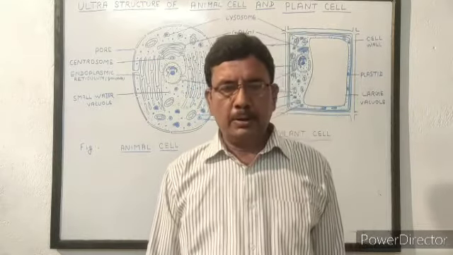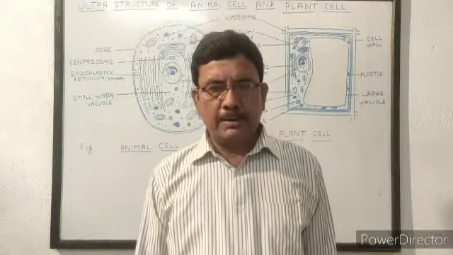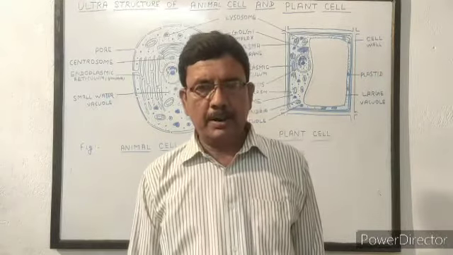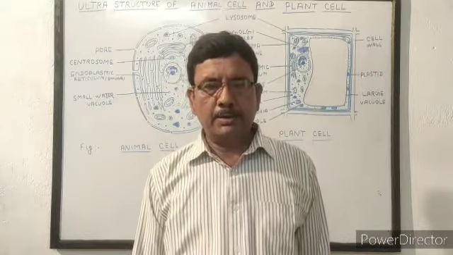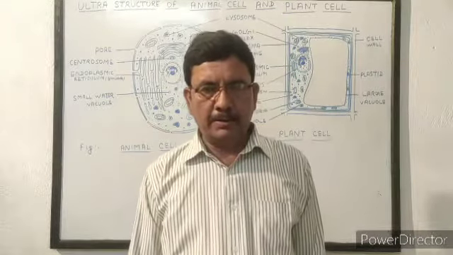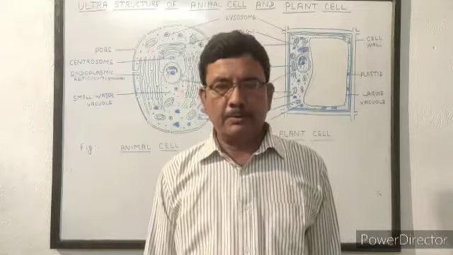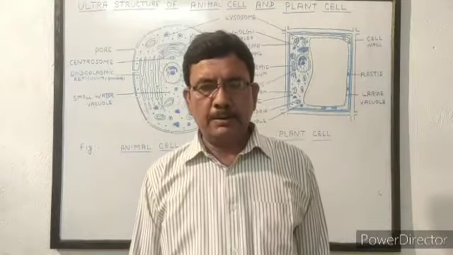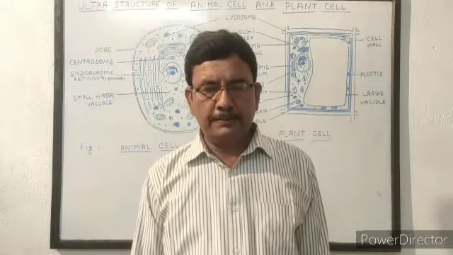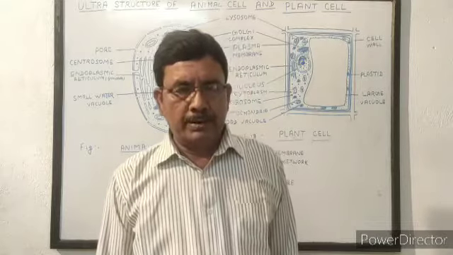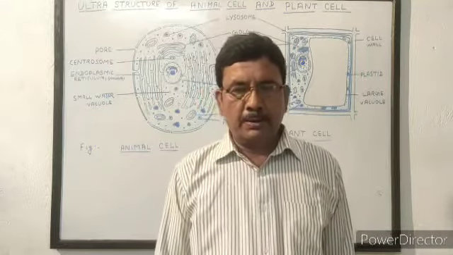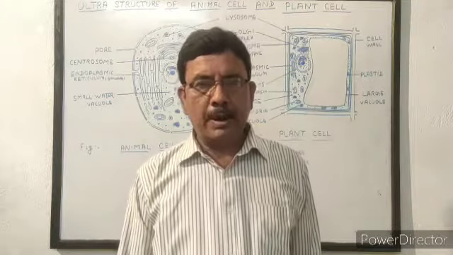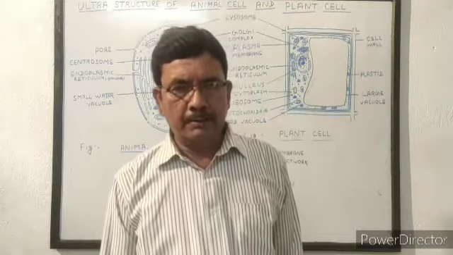Today, I am going to explain the ultrastructure of plant cell and animal cell and the differences between plant cell and animal cell. In previous class, we have already discussed the various components of cell and basic diagrammatic scheme for presentation of different types of components of cell.